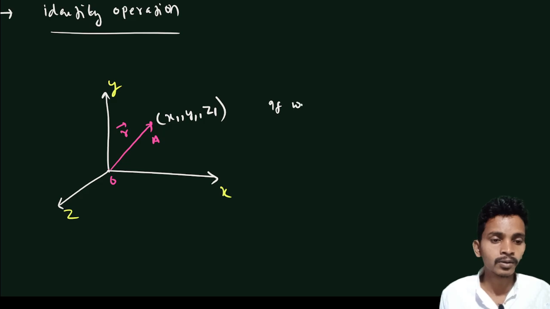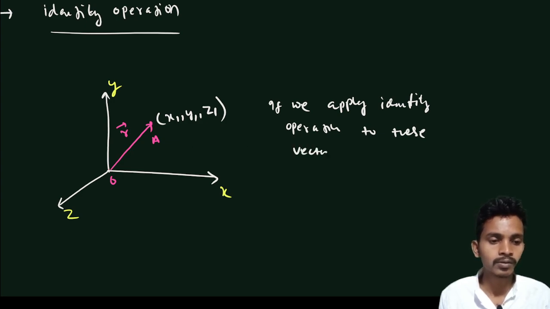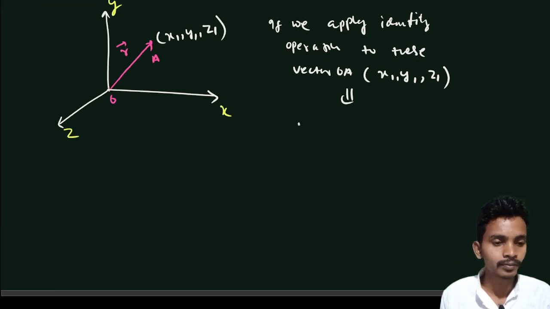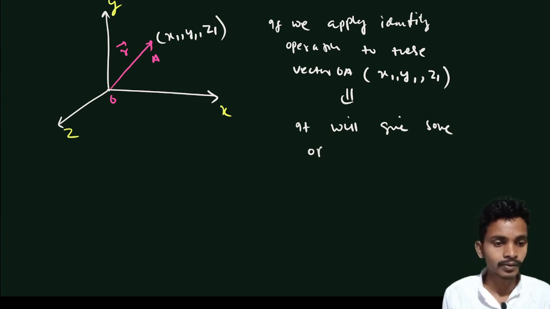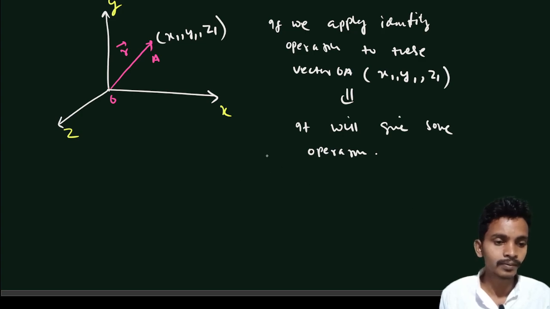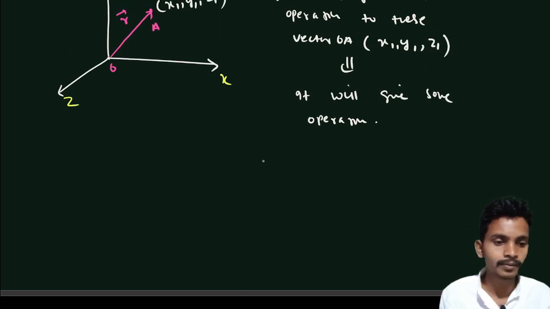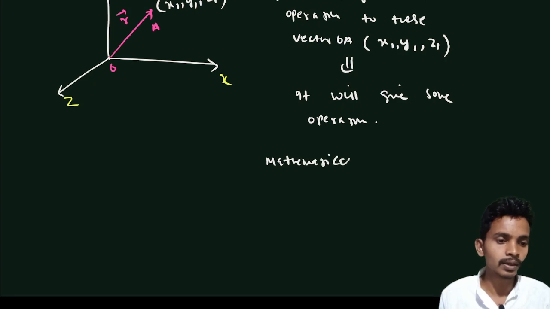So if we apply the identity operation to these coordinates, vector OA or coordinates x1 y1 z1, then what will happen? Mathematically, how can I represent that?